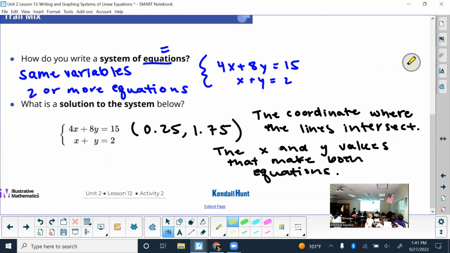And 0.25 plus 1.75 is 2. So questions on that? Good. All right, if you're still writing down the definition, maybe take a picture of it or something, because we're going to look at the next slide.